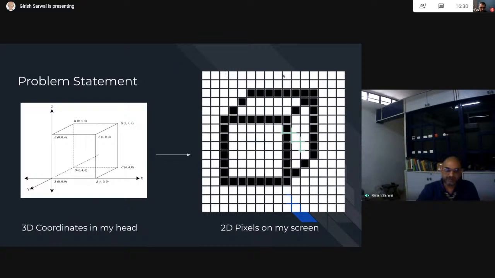Imagine if you had bulbs laid out like this, you could easily draw up a cube by lighting them or turning them off. So our primary responsibility as developers is to convert this set of coordinates into these 2D pixels that we can light up.